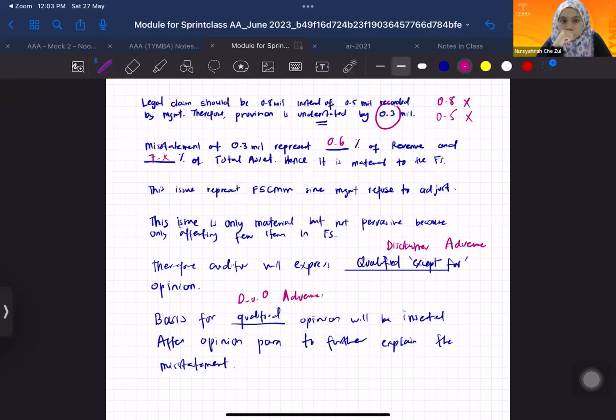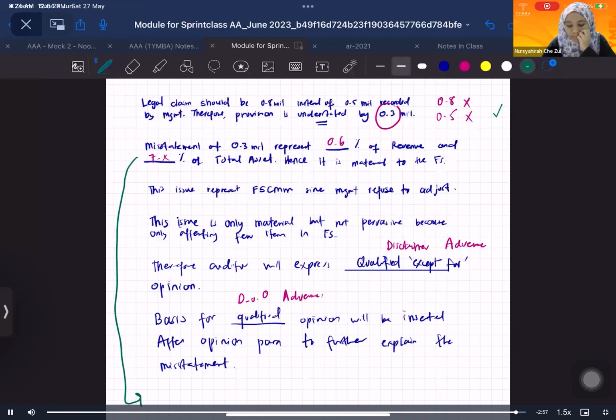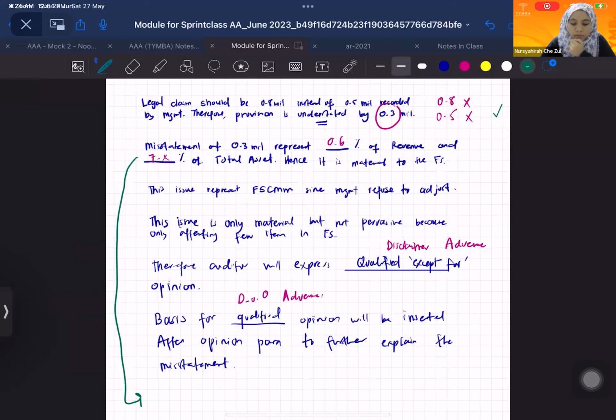What else? Okay, one more before we take a break for lunch. What if, when you calculate, you see that the materiality is below the threshold, meaning that it is not material? My suggestion is that you put it at the bottom. Let's say you summarize the issues, then you say this issue represents financial statement containing misstatement.